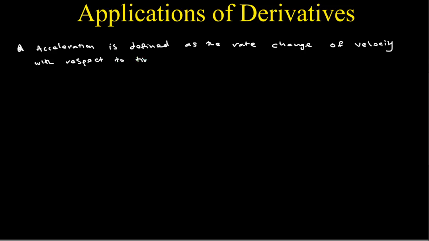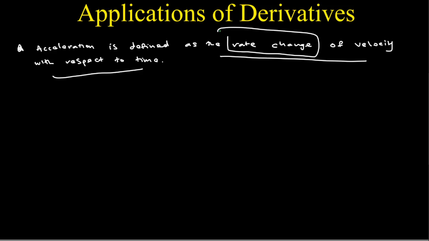Okay? So since acceleration is defined as the rate of change of velocity, we know that acceleration, a of t, is just the derivative of velocity with respect to time, right?